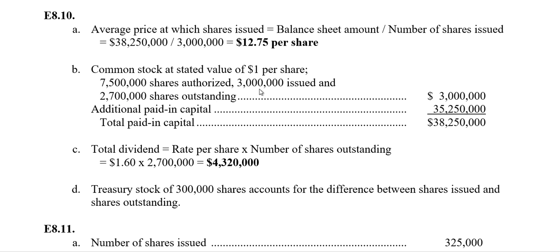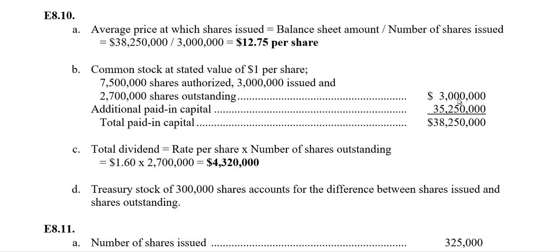But look, the amount issued is listed times the stated value of $1. So it's 3 million. And then what we'll do is throw everything else into additional paid-in capital. And we do use that account a good bit for this.